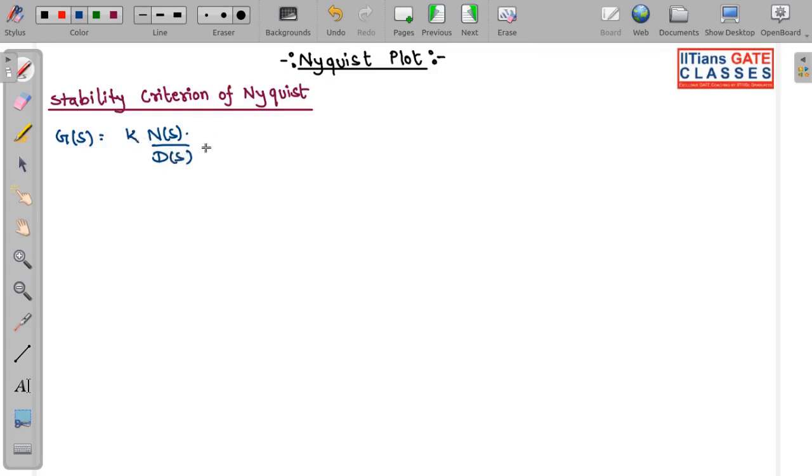Okay, so N(s) equal to 0 will give me the zeros of OLTF, and D(s) is equal to 0 will give me the poles of OLTF. Okay, poles of OLTF.